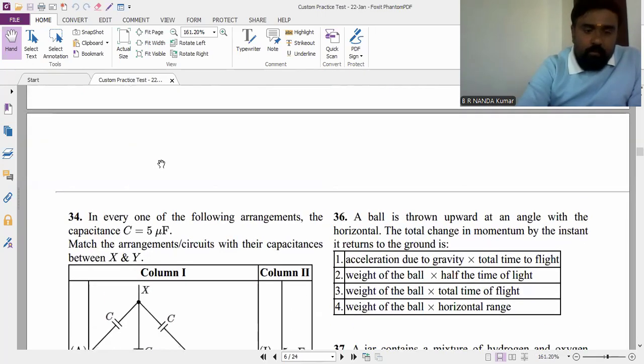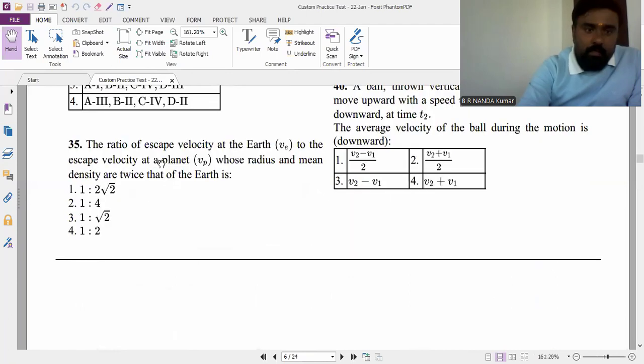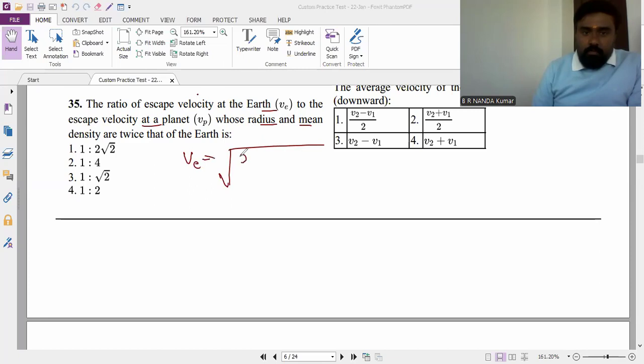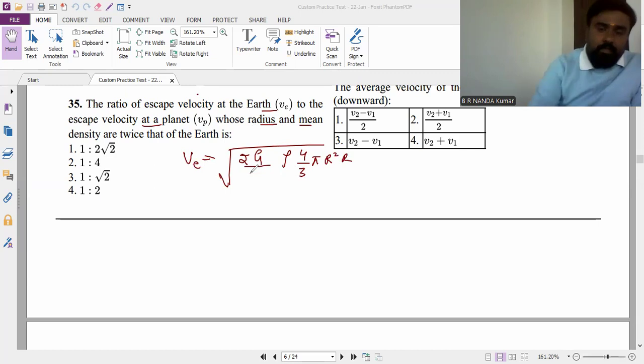34 questions completed. Next, question number 35. The ratio of escape velocity at the Earth and escape velocity at a planet whose radius and mean density are twice. So the escape velocity formula is root of 2GM by R, where M is density into volume, 4 by 3 pi R cube, which is R square into R divided by R. So R cancels.